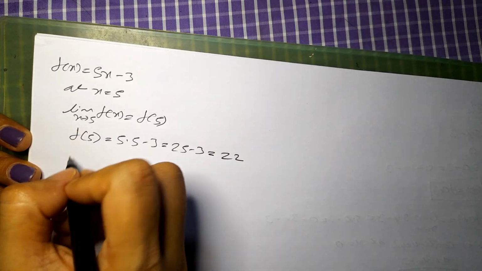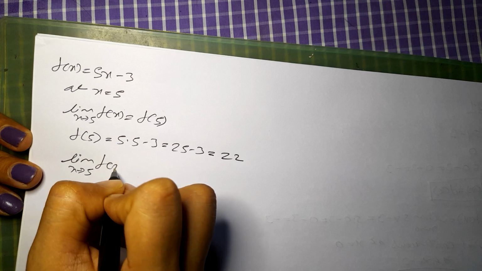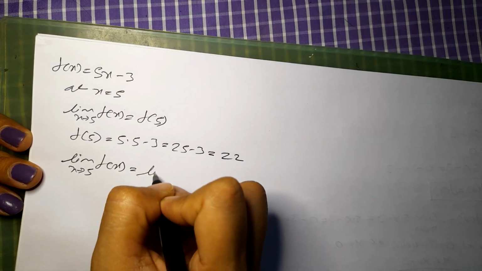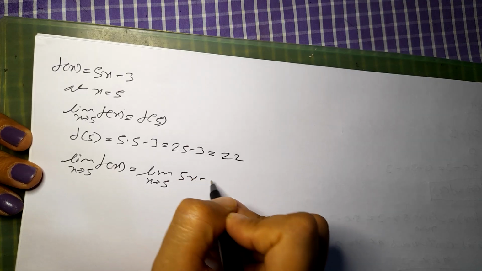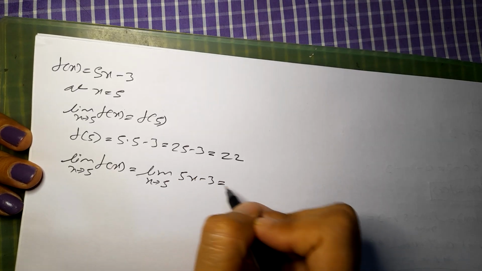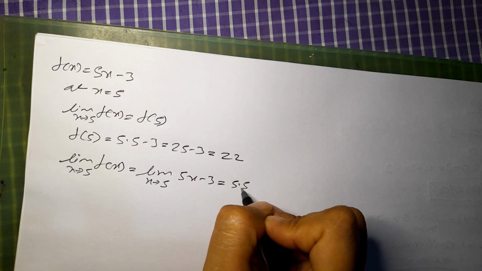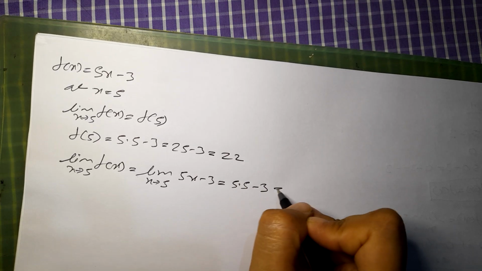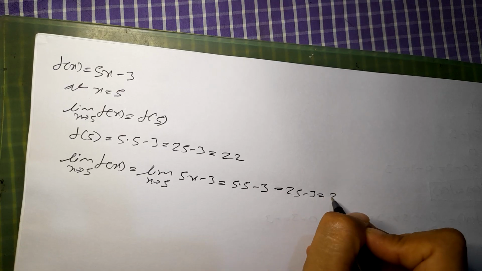Now let's find the limit x tends to 5, f(x). It will be limit x tends to 5 of 5x minus 3. Instead of x it will be replaced by 5. So 5 5s are 25 minus 3, that will give 22.